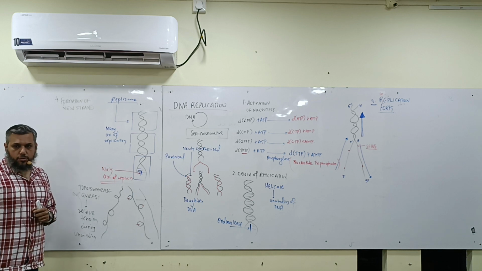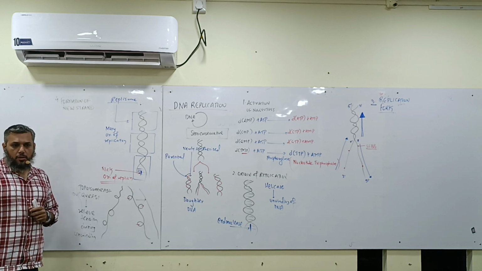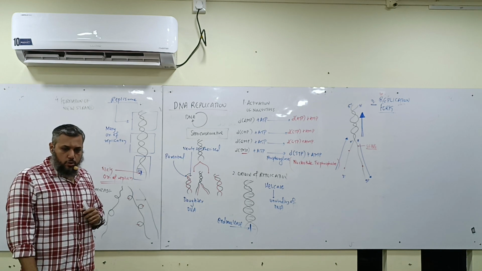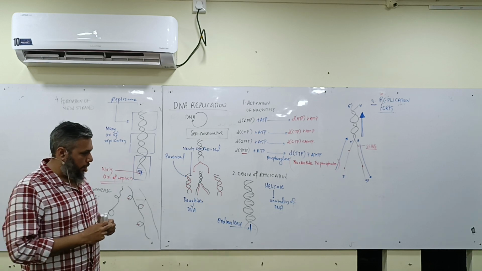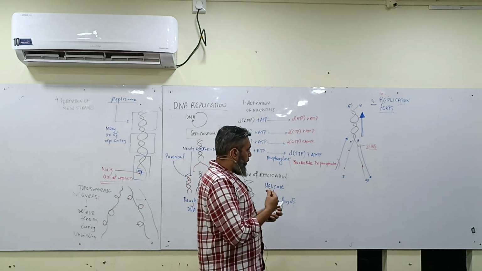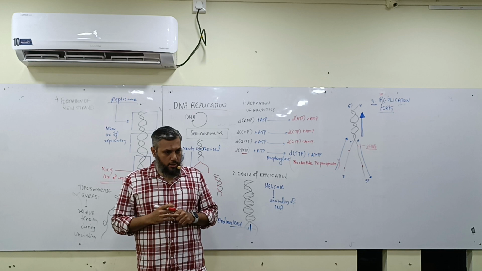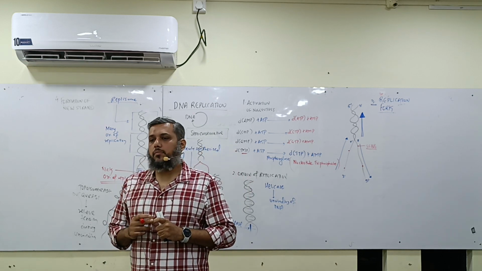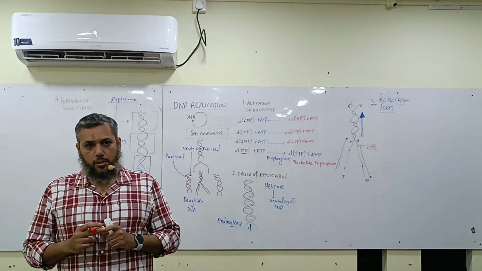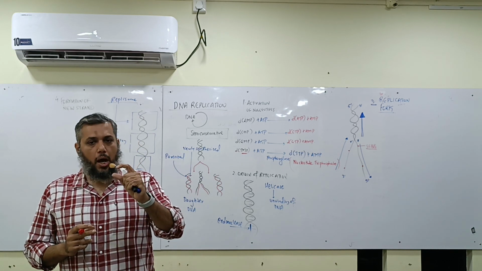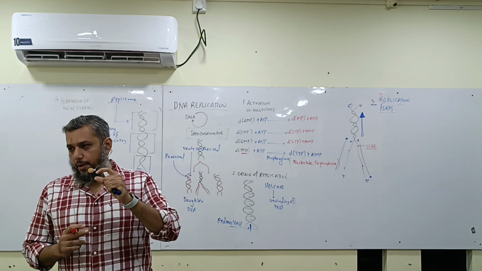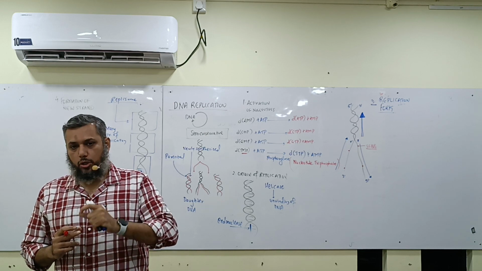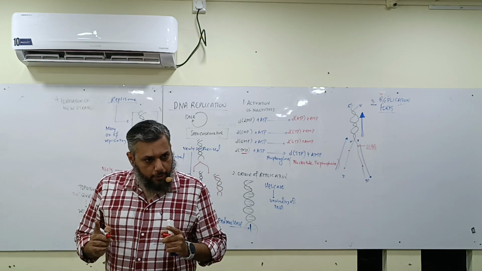What is formation of a new strand? अब ये दो स्ट्रैंड एक दूसरे से क्या हो गए? सेपरेट हो गए। अब हमको क्या चाहिए? नया स्ट्रैंड का सिंथेसिस चाहिए। आया ना? The synthesis of the new strand requires a small RNA molecule which is called as a primer molecule. सुन रहे हो मेरी बात?